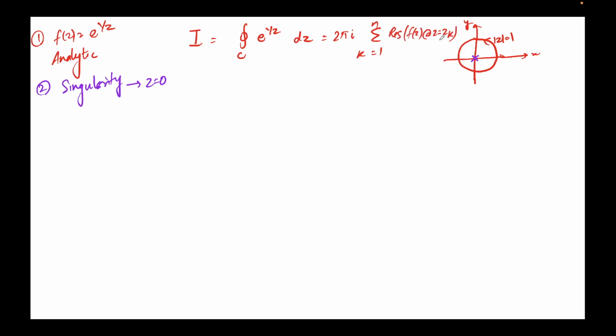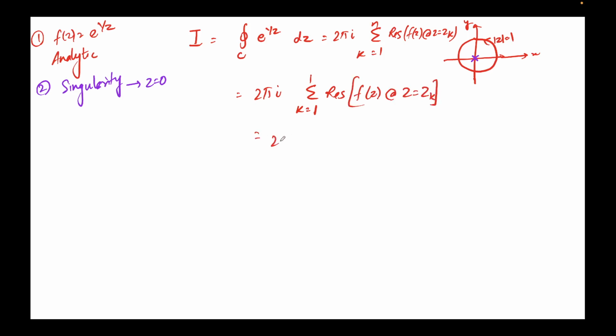So we take the sum of all the residues at the singularities. In this problem, the singularity is falling inside the contour, so we are only interested in those residues. Note there is only one singularity inside the contour, so the value of n becomes 1. Then this becomes the residue of f(z) at z equal to z_k. This is what we need to evaluate.